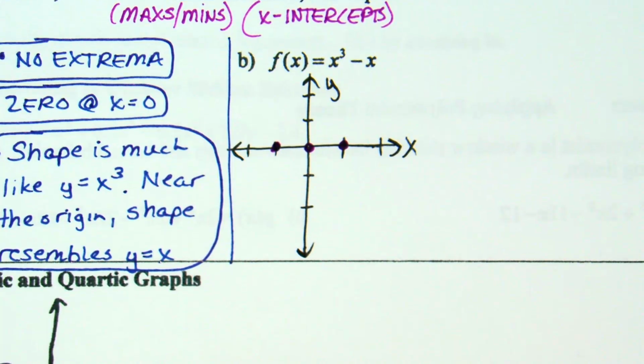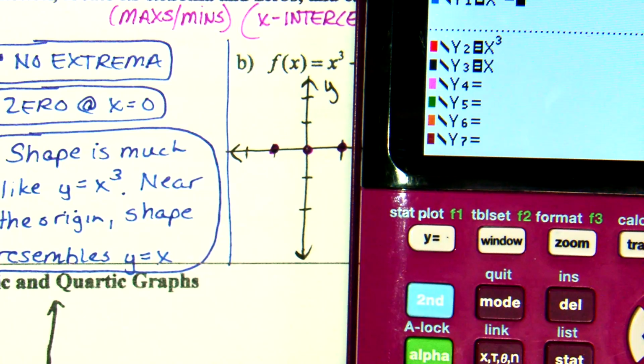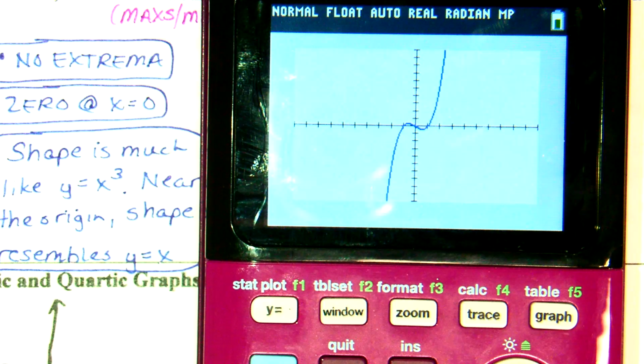So if I graph this to show you, I'm going to go back to Zoom 6 here. What I have graphed in my calculator right now is just y equals x cubed minus x. If you graph that, what's different?